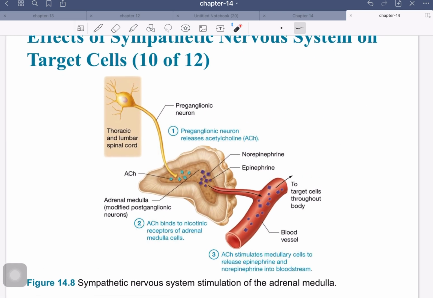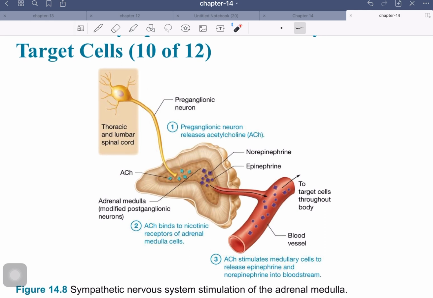And here we can see this concept that the preganglionic neuron travels, and in this case it's synapsing with what is effectively the postganglionic tissue. But in this case, the ACH binds to nicotinic receptors in the adrenal medulla cells. And in many ways, the adrenal medulla, as I said previously, is basically a modified postganglionic neuron.